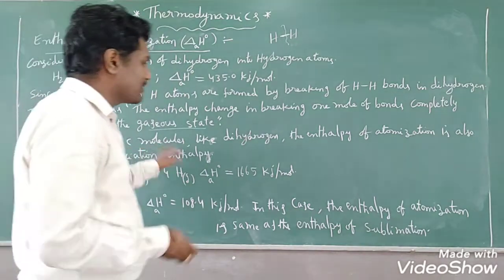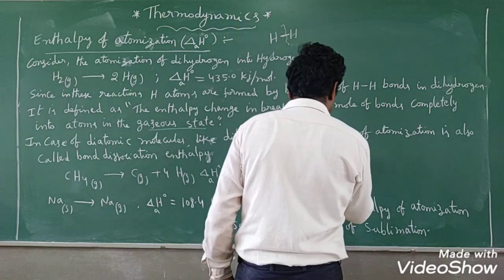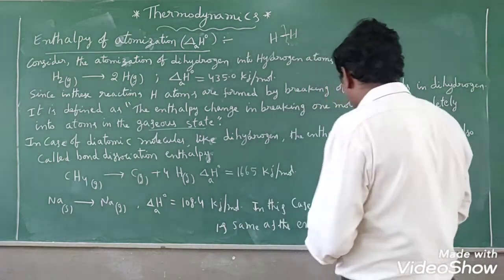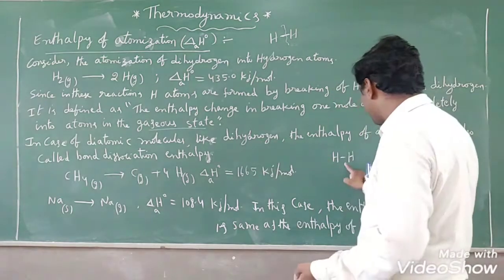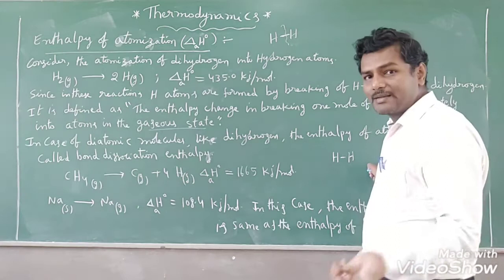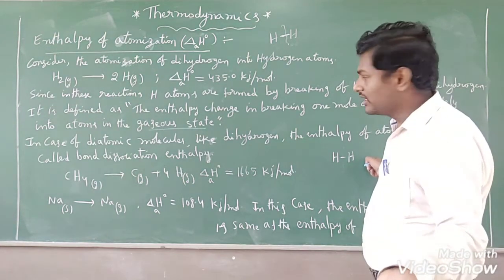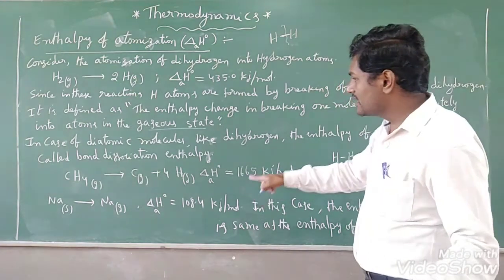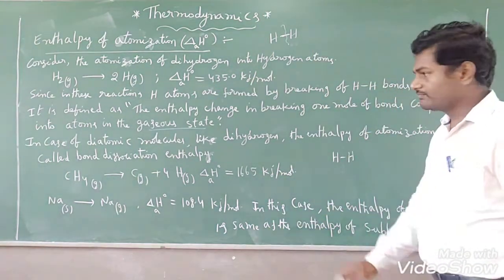So in the case of a diatomic molecule, take any diatomic molecule, suppose H2. Here we are breaking one bond only, a particular bond. The amount of energy is required to break a particular bond here. If you break this, it will convert into atoms only. There is no chance of converting into simple molecules. Atoms only. So in such cases, the enthalpy of atomization and bond dissociation enthalpy are the same.